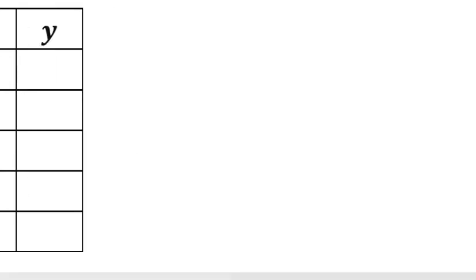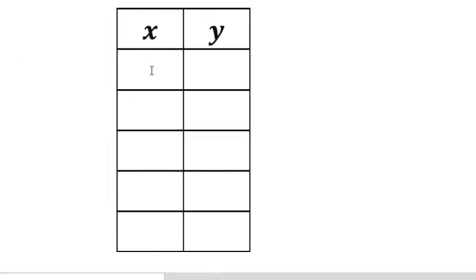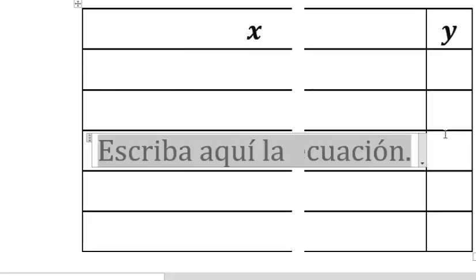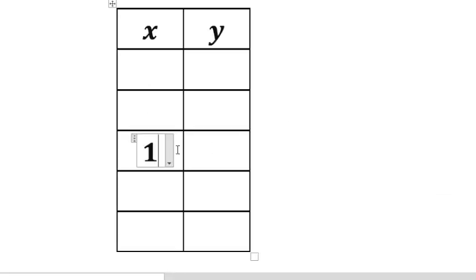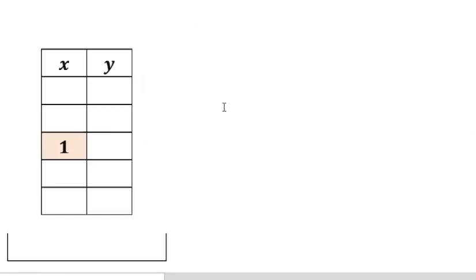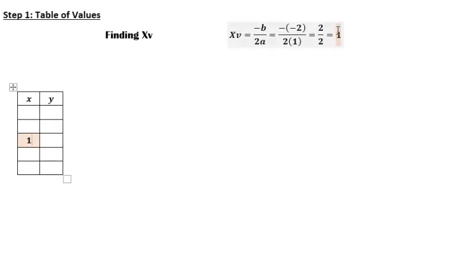In here we're gonna put in the middle the vertex. So I'm gonna put 1 in here, and I'm gonna use kind of like the same color to make you understand that the one we get here is the one that we're gonna put in here.